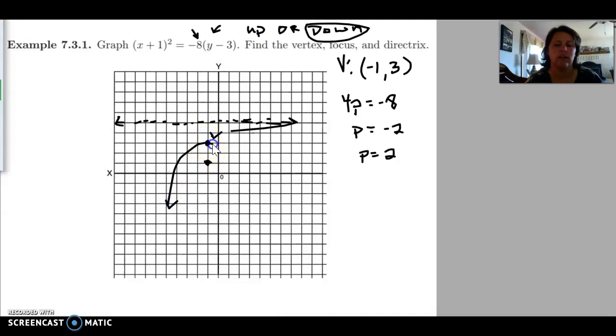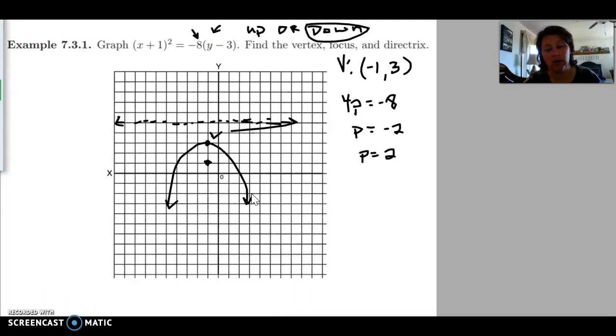And then draw in your parabola. Pretty rough sketch, but it should give you the idea: how do we find our vertex, our focus, and where does the directrix go. Always make sure that the focus and directrix are on opposite sides of each other, and your vertex should always be right in the middle of those two points.